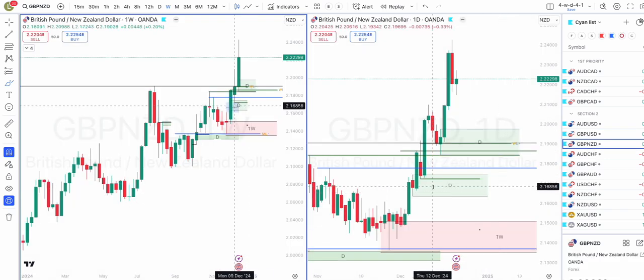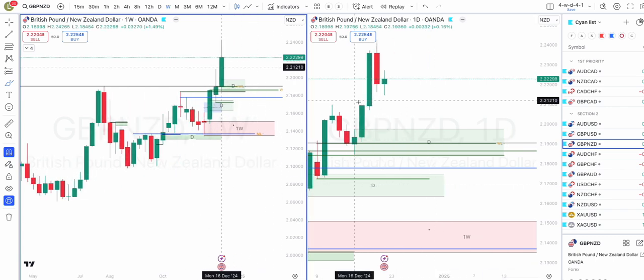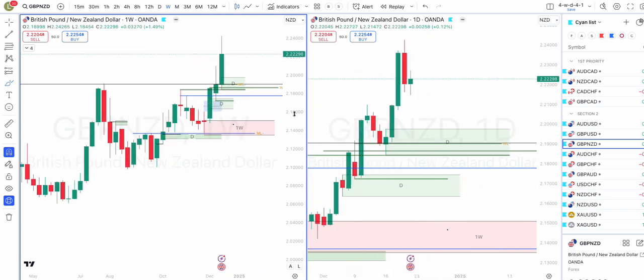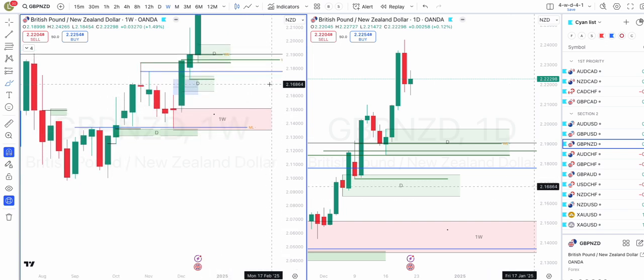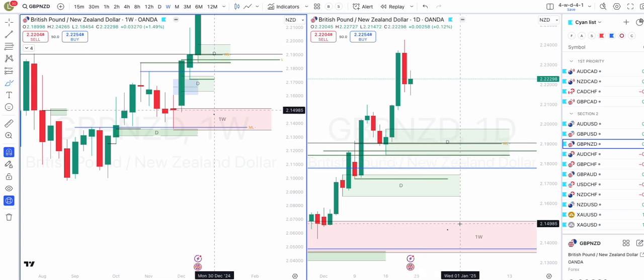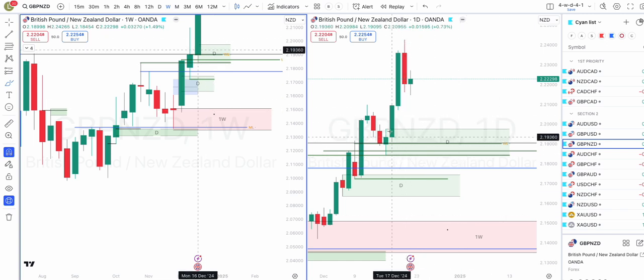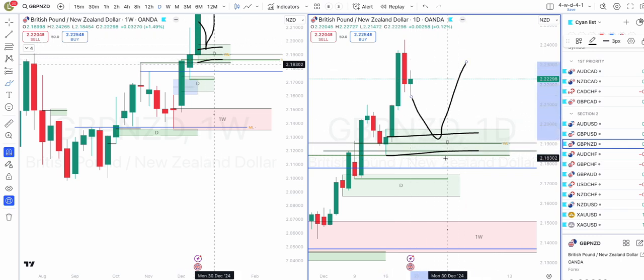Then let's look at GBPNZD. Again, we had this massive move here, right? We're here, and one area which has great confluence for me is this daily zone, right? So with respect to this daily here, GBP did act strong. Will it break the high?